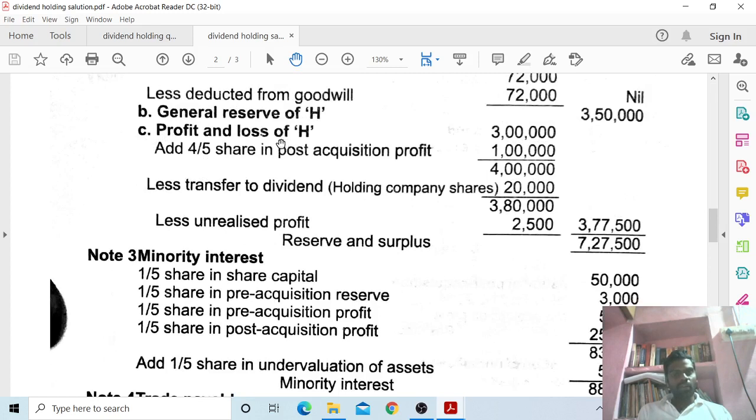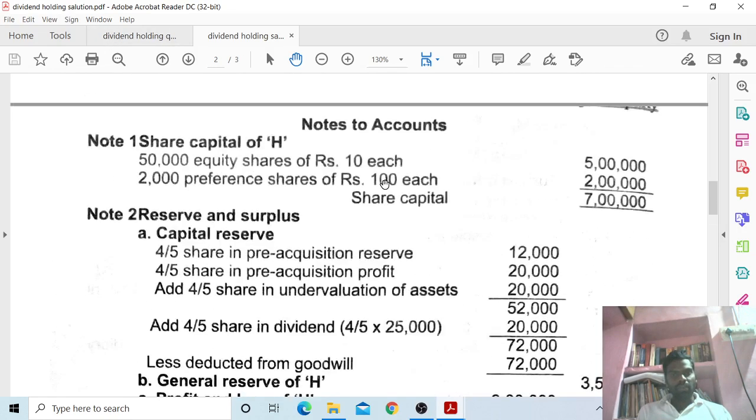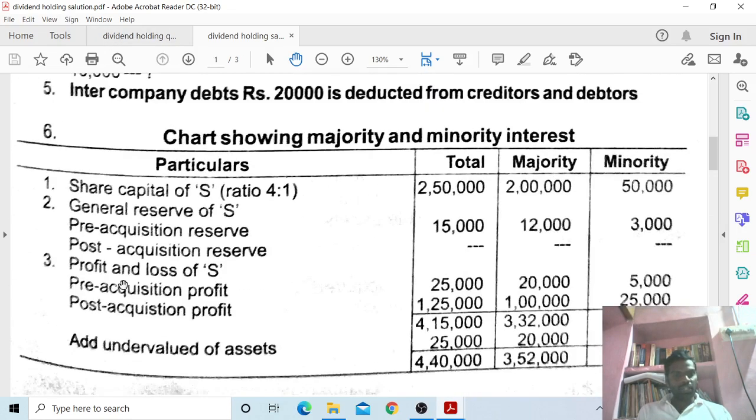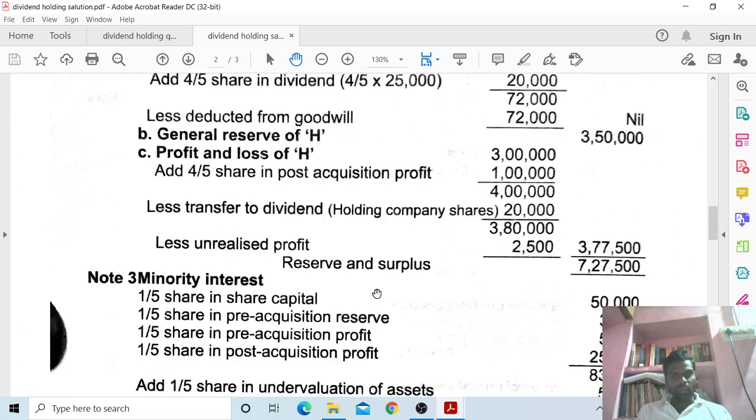Next, profit and loss of holding company, and 4/5 share in pre-acquisition profit. You have to take pre-acquisition profit. So the pre-acquisition profit is 1 lakh rupees, you have to take 1 lakh here.